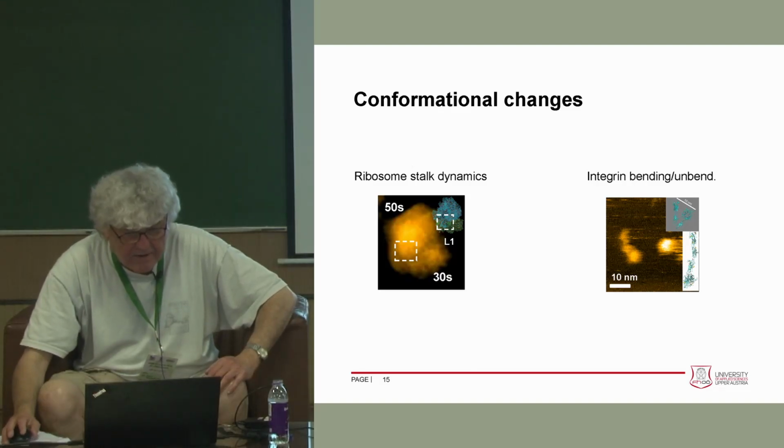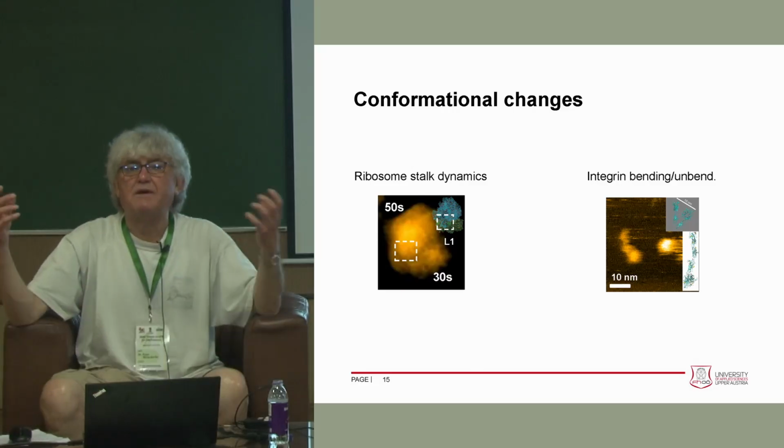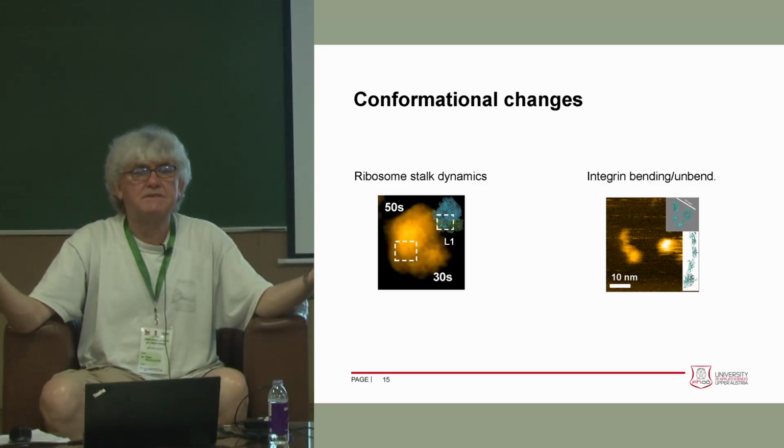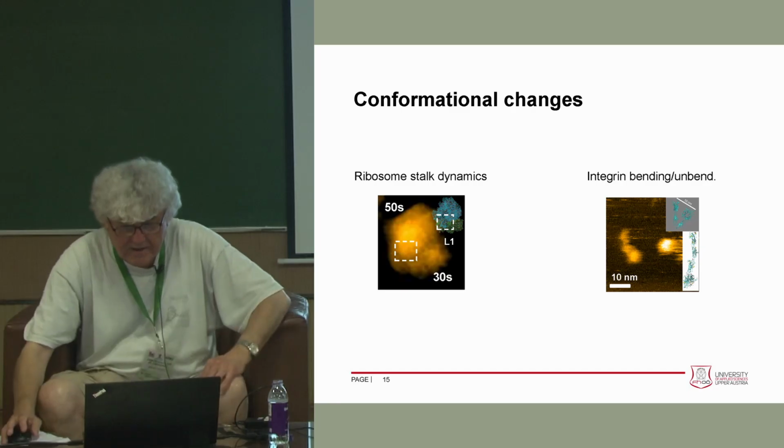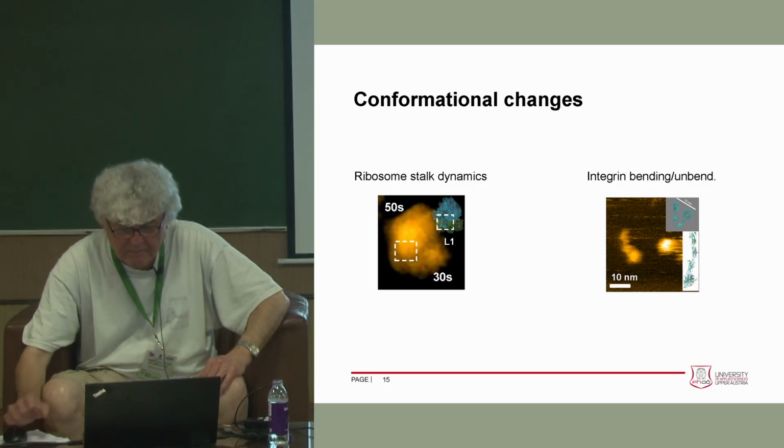Then just some other examples from our lab. So ribosome stalk dynamics, for instance, where now we are talking about movies with this time resolution, or, for instance, how the integrin bends and unbends on surfaces. This is everything that can be filmed.